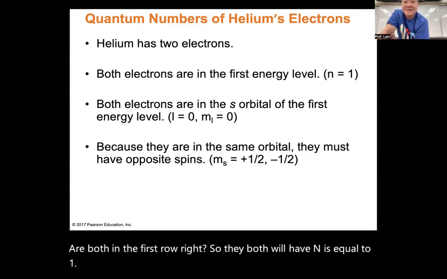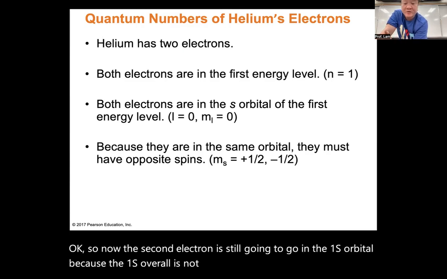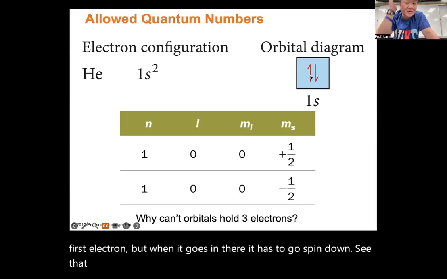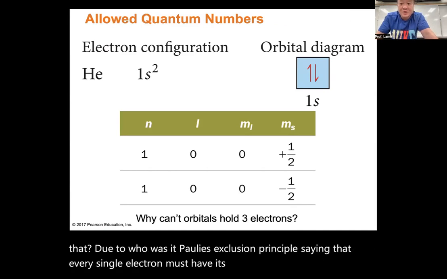Okay, so now the second electron is still going to go in the 1s orbital because the 1s orbital is not full yet. It only has hydrogen's first electron. But when it goes in there, it has to go spin down. See that? Due to Pauli's exclusion principle, saying that every single electron must have its own tag of unique quantum numbers.